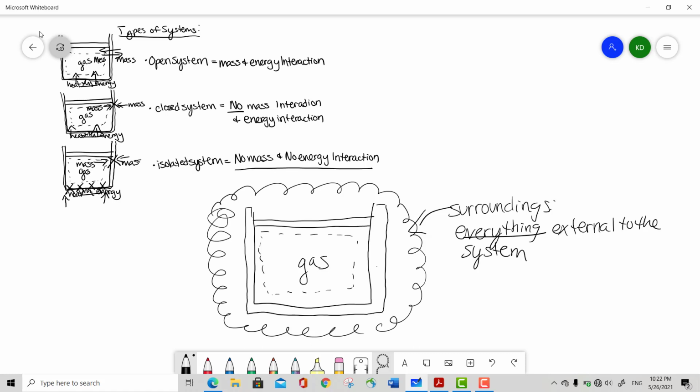And then you have the boundary, which can be, remember, real or imaginary.